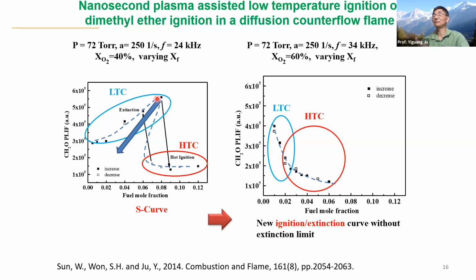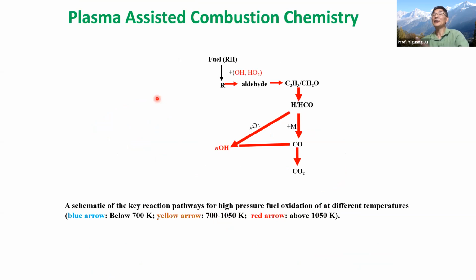Why is that? To understand this question, we look at the chemistry. The chemistry says that at high temperature, above, let's say, 1100 Kelvin or 1050, the fuel molecules are attacked by OH radicals and form a free radical.